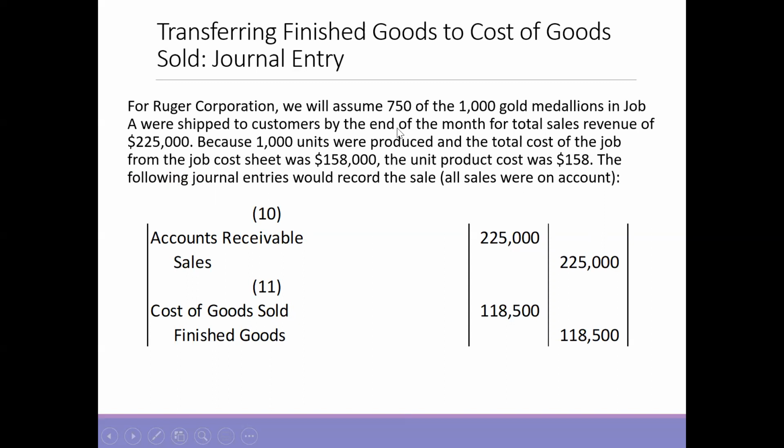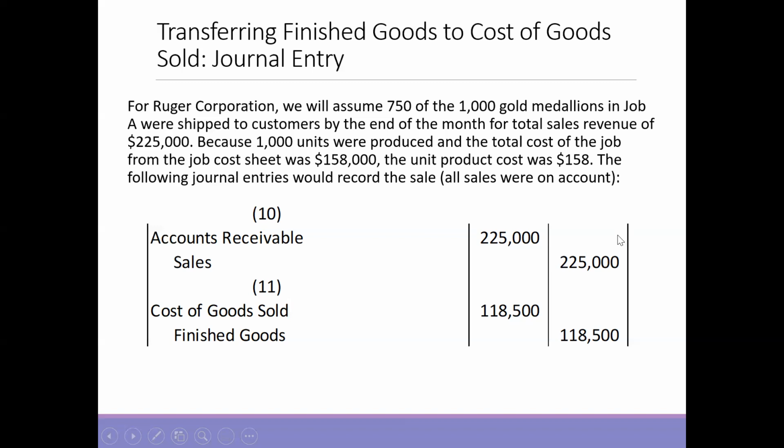So $158 times 750 units, medallions, should show cost of goods sold of $118,500. Remember, we show the sales as what we're receiving for the medallions. Two journal entries happen when we're dealing with products.